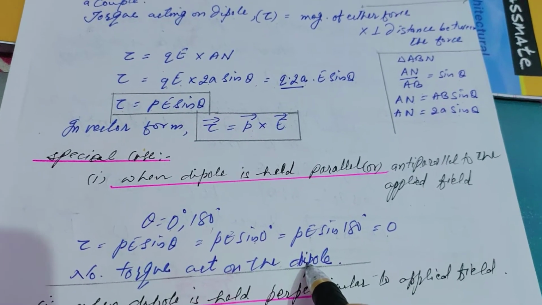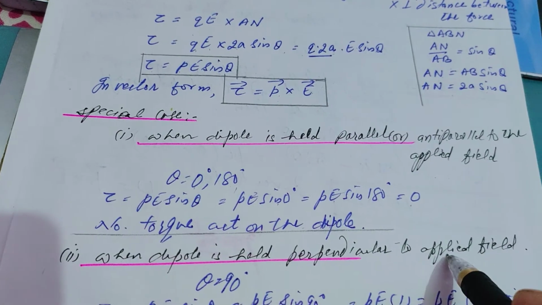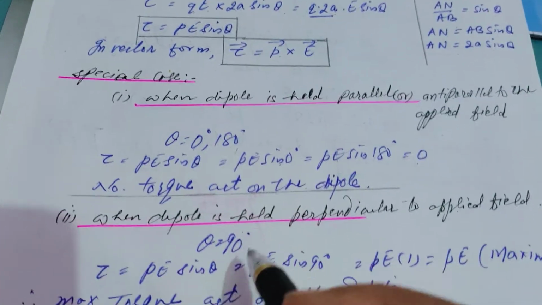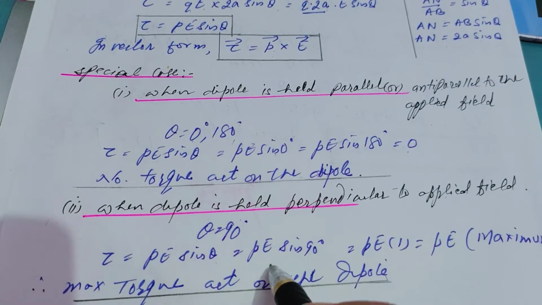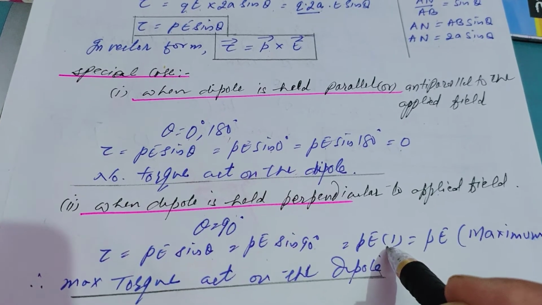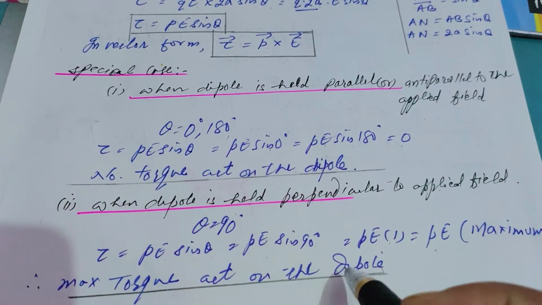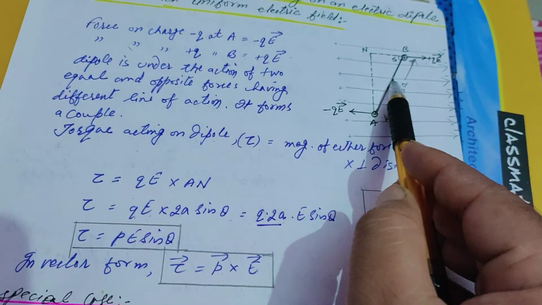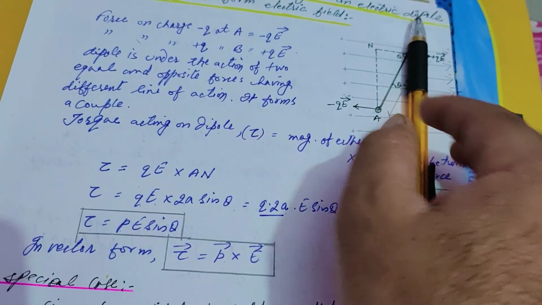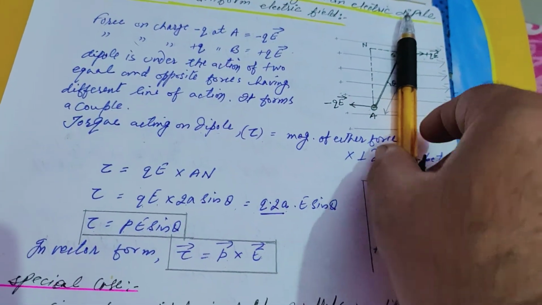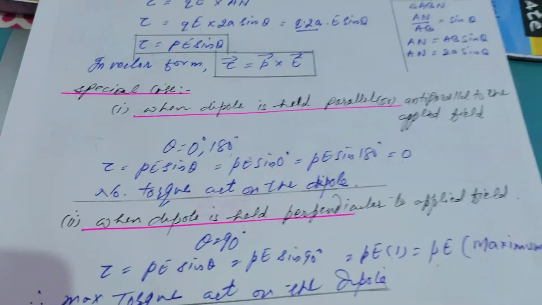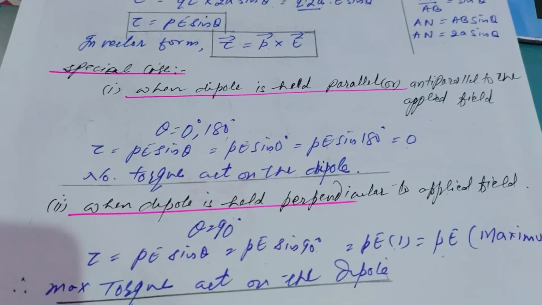But if your dipole is held perpendicular to the field, then theta is 90 degree, sine 90 is maximum value 1, so torque is maximum. So if your dipole is held perpendicular to the electric field, then torque is maximum. So this completes the article.